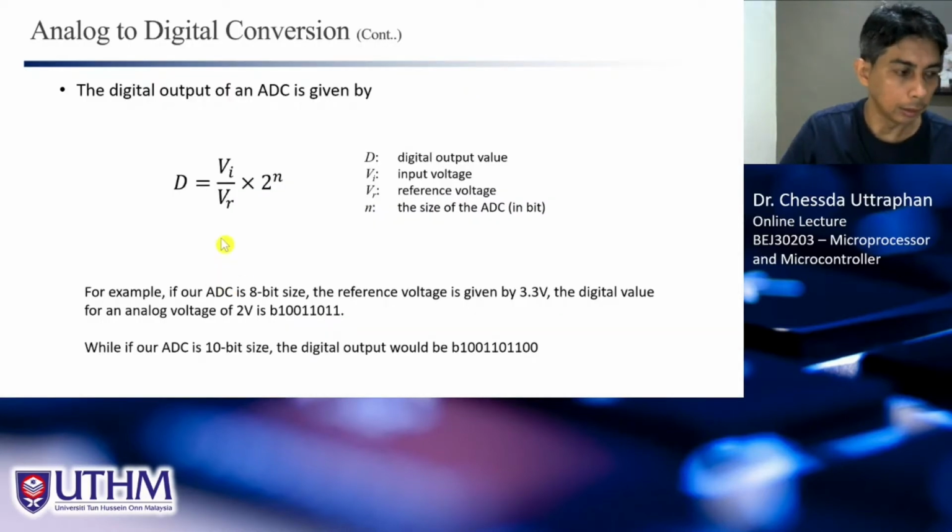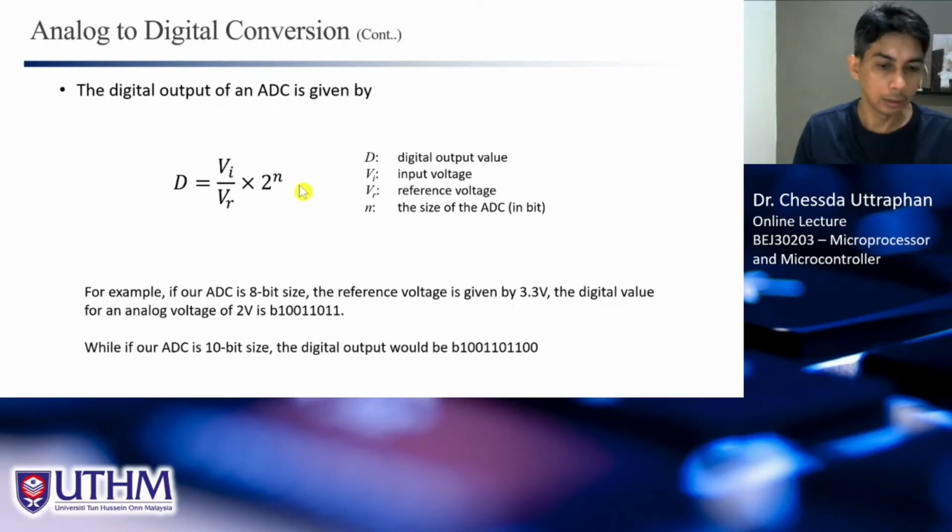This is the equation to convert any analog voltage into a digital representation, where Vin is the analog voltage over Vref, which is the V reference of the ADC, and 2 power of n, where n is the size of the ADC.